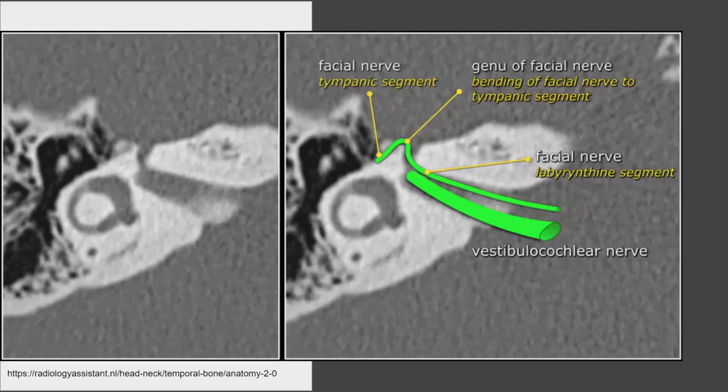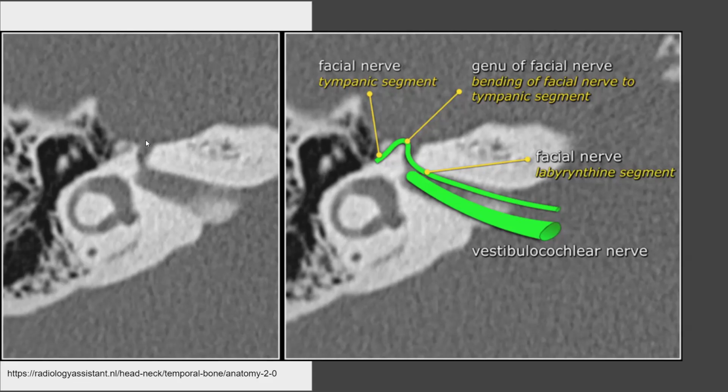Let's talk about the facial nerve here. We were talking about it earlier. Again, we go into the internal auditory canal. There's this labyrinthine segment. Labyrinthine starts with an L, and to me this looks like we're going into an upside down L. But then there's a bend, or a genu.